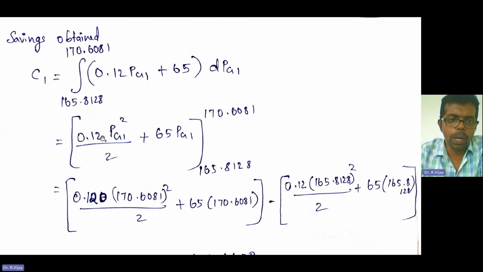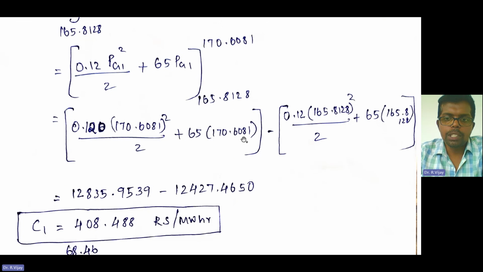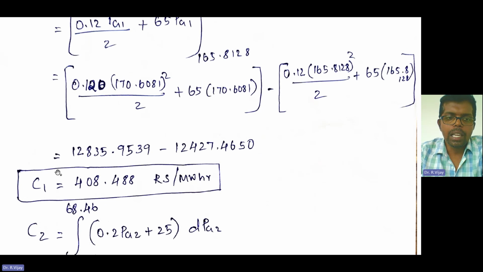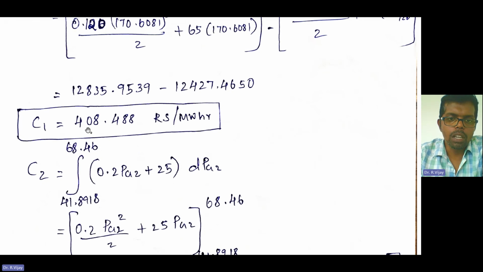If you integrate, you get 0.12 PG1 squared divided by 2 plus 65 into PG1. Substituting the upper and lower limits, you'll get the answer as 408.488 rupees per megawatt hour. Tell me in the comments whether you got the same cost or not.